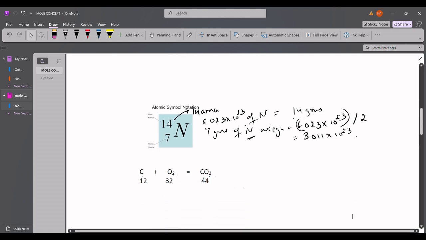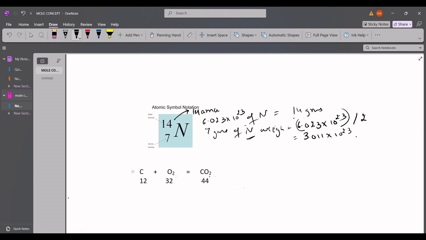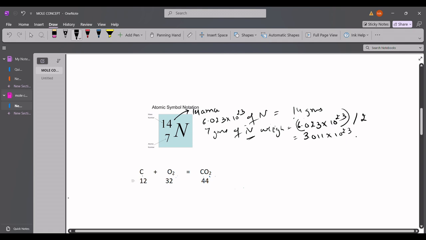Now I will take this mole concept and show how it is related to reactions. I have taken a simple example of carbon combustion. When carbon reacts with one molecule of oxygen, it gives one molecule of carbon dioxide.